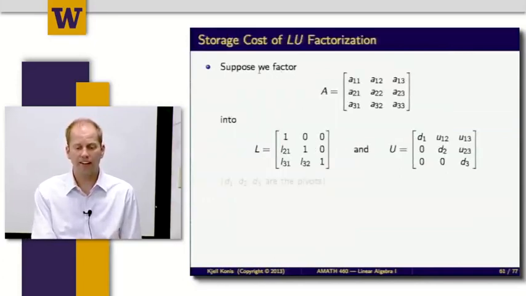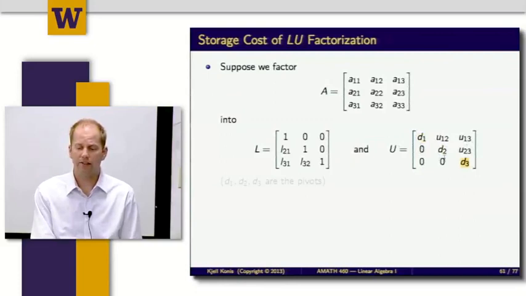But suppose I factor A, so I have a dense matrix A. Dense just means that every element is non-zero, or could be, into a lower triangular matrix L. So I have only zeros up here. I have 1s down the diagonal. And then the important numbers are only in the lower triangle, strictly below the diagonal. And an upper triangular matrix that I can write with the pivots down the diagonal, and then some upper triangular entries.